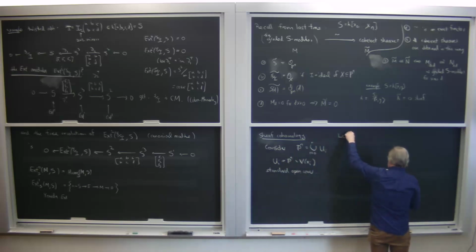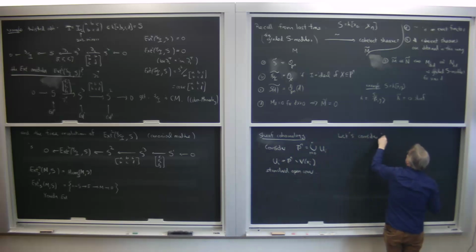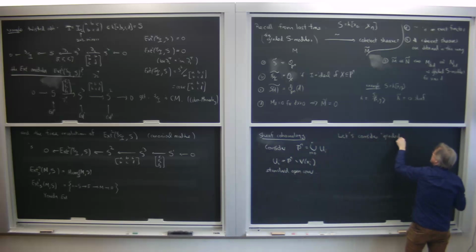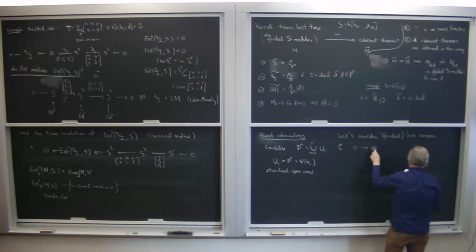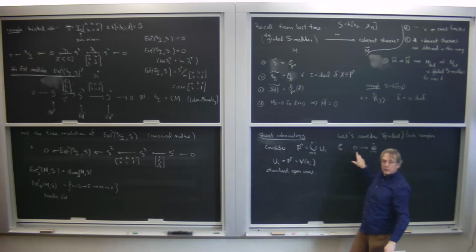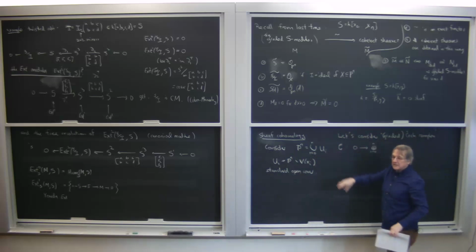Except actually it's a little different, we'll see why. So let's consider the graded Čech complex. I'll put this in parentheses. Here it is, I'm going to call it C. It's going to be very simple. I'll have to describe some of this notation though. This is i equals 0 to n. There's going to be one term for each of the open sets here.